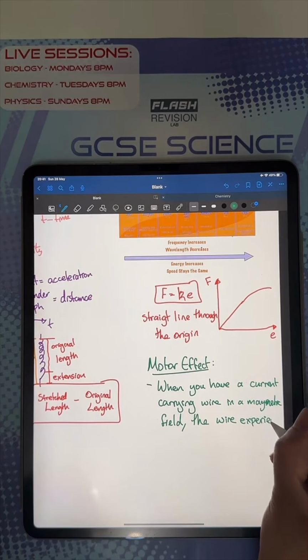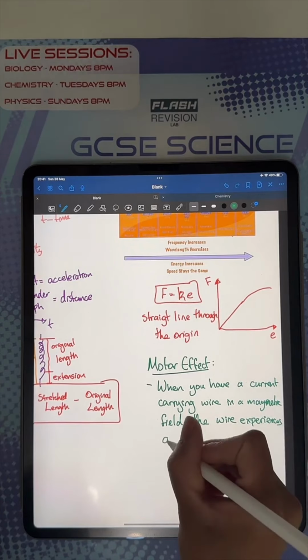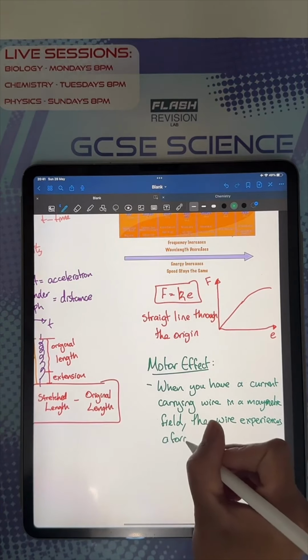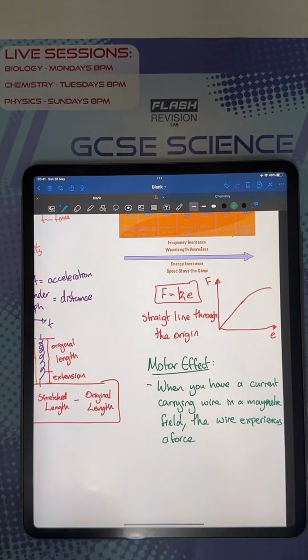So it'll probably move. That's because, so a current carrying wire, a wire with current flowing through it, it's not the generator effect. No, the generator effect is basically the opposite of the motor effect.